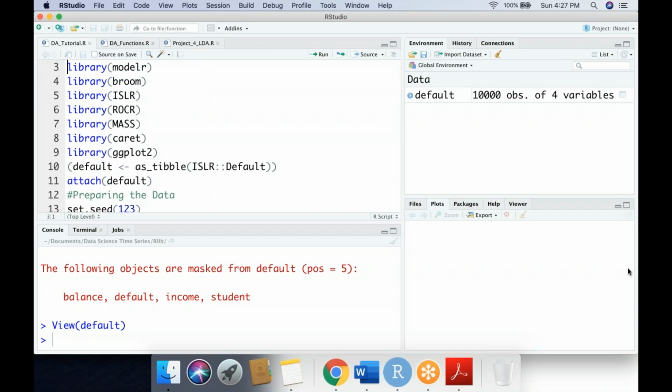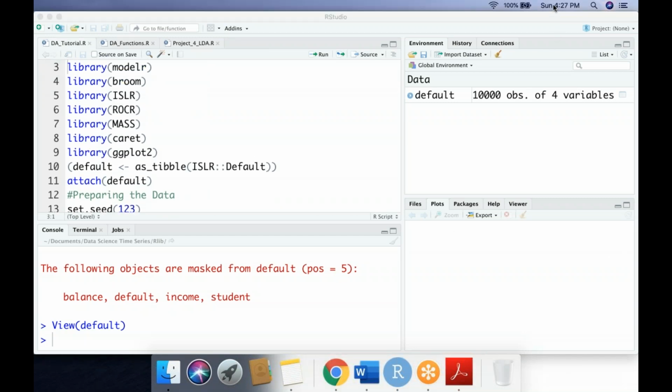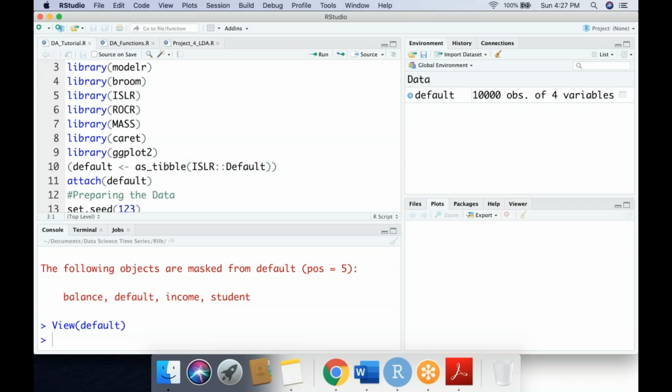So I hope everybody has loaded this code and these packages. I will really appreciate it if you type in the chat box yes or no, or at least confirm verbally.